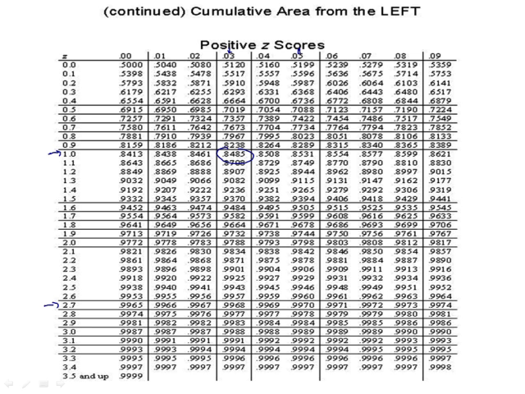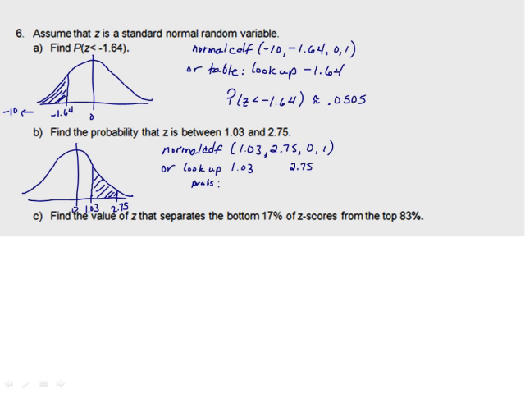And where they intersect is right there. So our probabilities are 0.8485 and 0.9970. If we subtract those two, we get 0.1485.